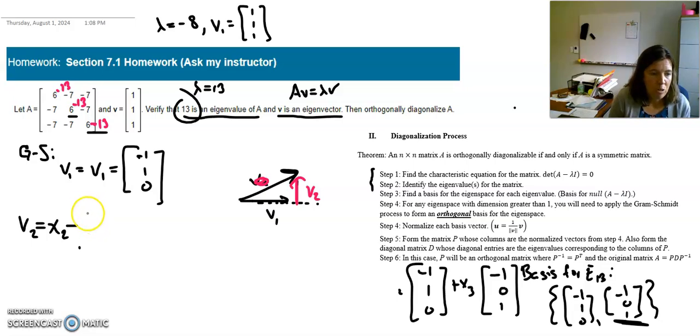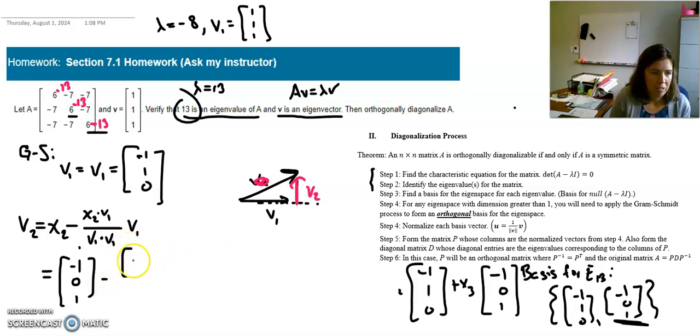Okay, and so the way we do that is we take the dot product of x2 with V1 over V1 dot V1, and that's our multiple of vector 1 that we need to subtract. So let me write the actual vector. It's the second vector in the set minus the dot product of this vector with V1, over V1 dot V1, times V1.